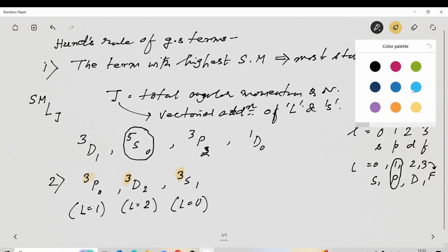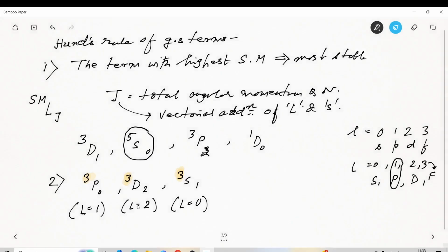And the one having the highest value of capital L, in this case L equals 2, will be more stable. That means this term will have the highest stability.